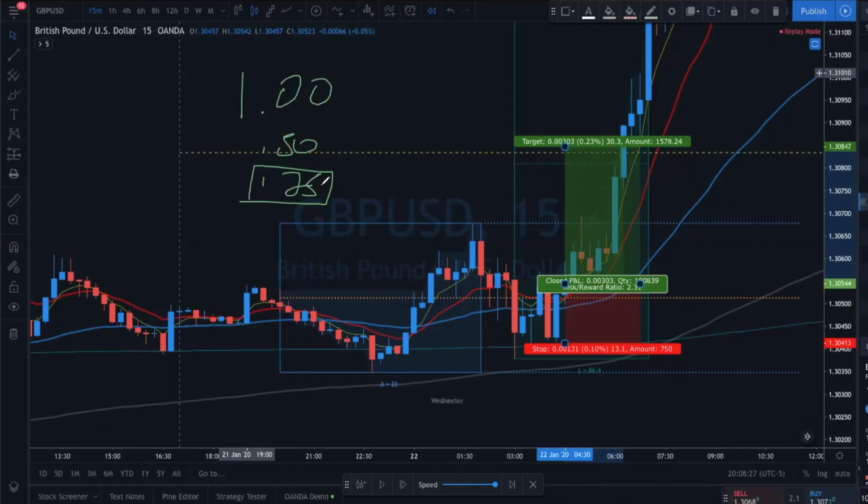There's no reason for it at all. This is where you have to concentrate on the trade setup, and the consistency of you finding those trade setups.